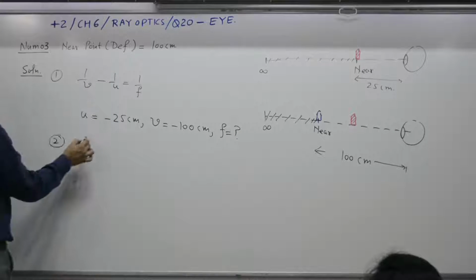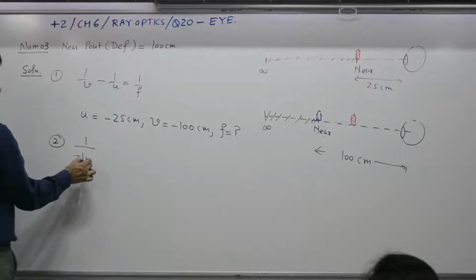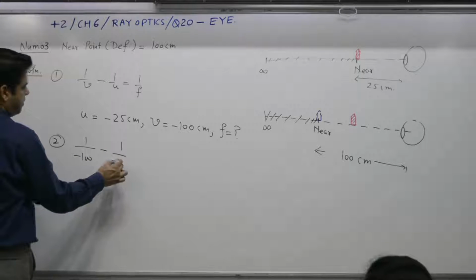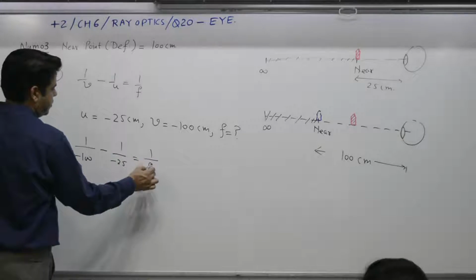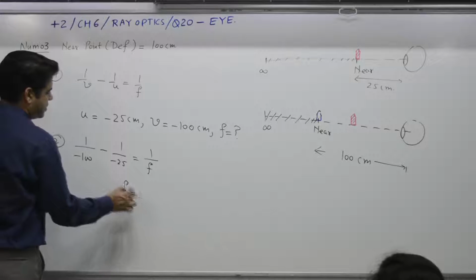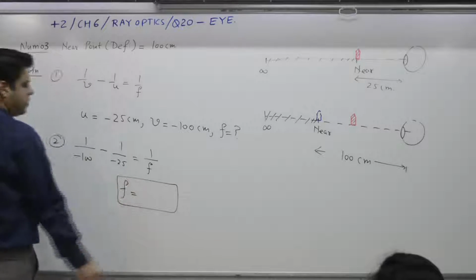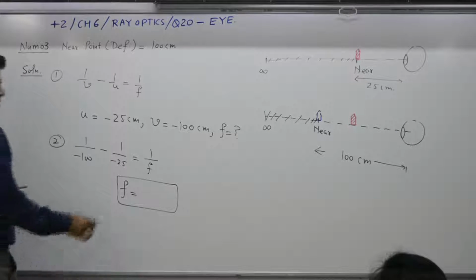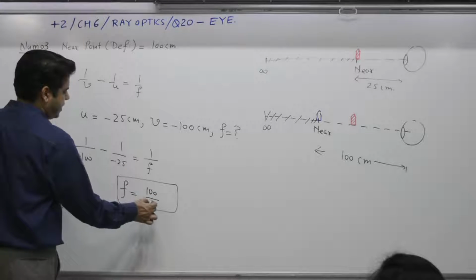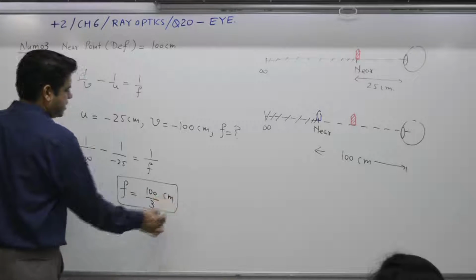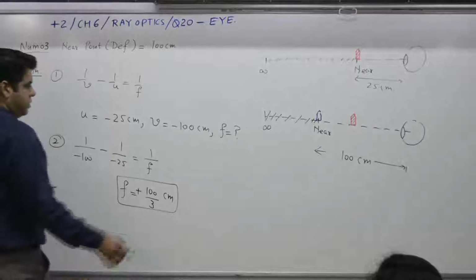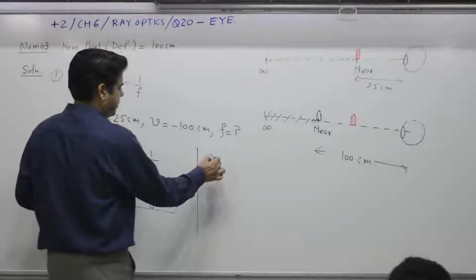Put the values: 1 by minus 100 minus 1 by minus 25 is equal to 1 by F. F is equal to 100 by 3 centimeter.